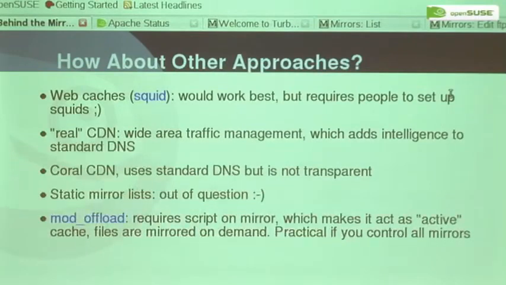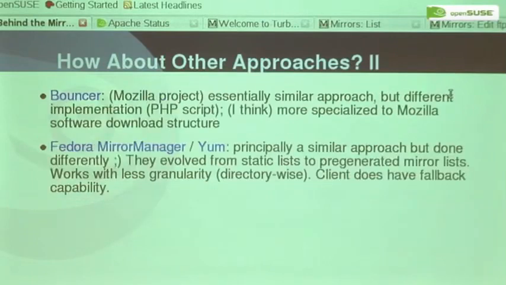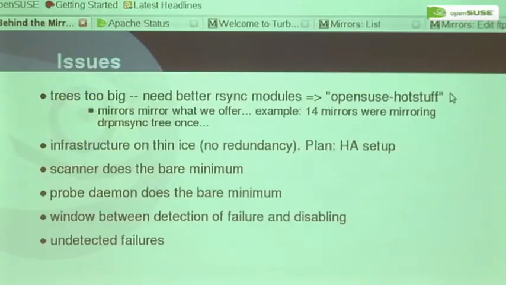There's a similar module like Mozilla Handler, but it requires interaction with the mirrors. The Mozilla project has a so-called bouncer, which is basically a similar approach, and the Fedora approach is also very similar, with the difference that they have logic on the client and on the server side, so that works together. We like it so far.